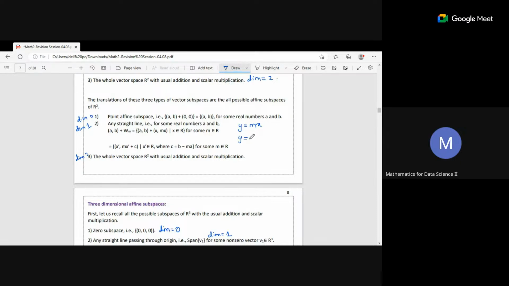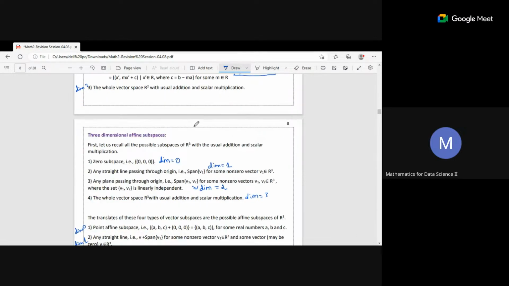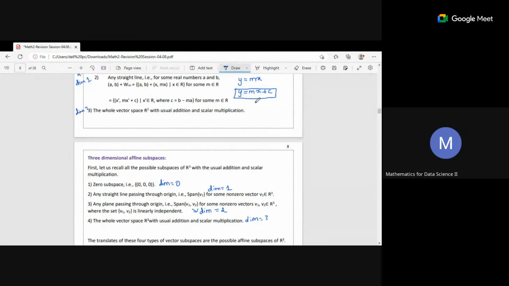And if you take y is equal to mx plus c, these are all general straight lines. For any affine space y is equal to mx plus c, what is the corresponding subspace? It is simply y is equal to mx. The same concept comes here as well.